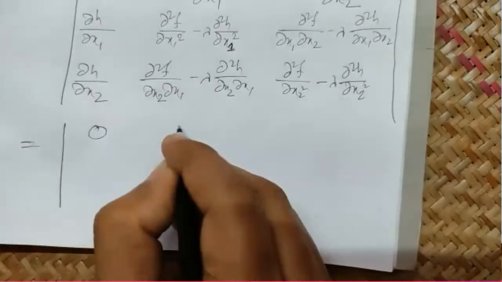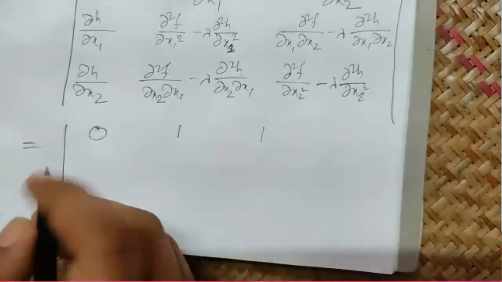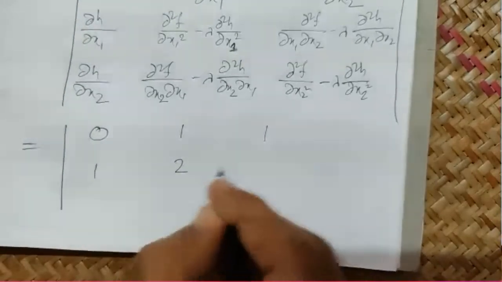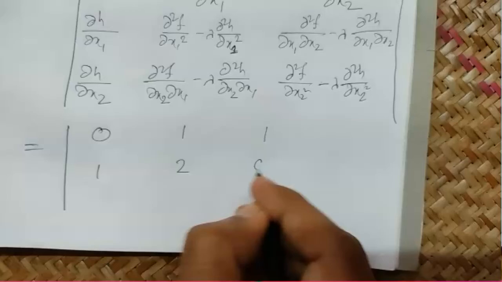It will give you 0, 1, 1, 1, 2, 0, 1, 0, 2.